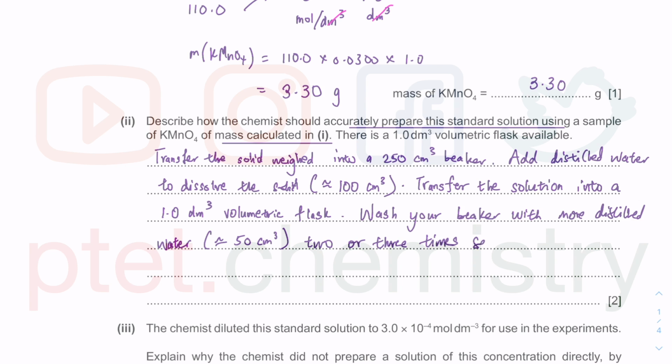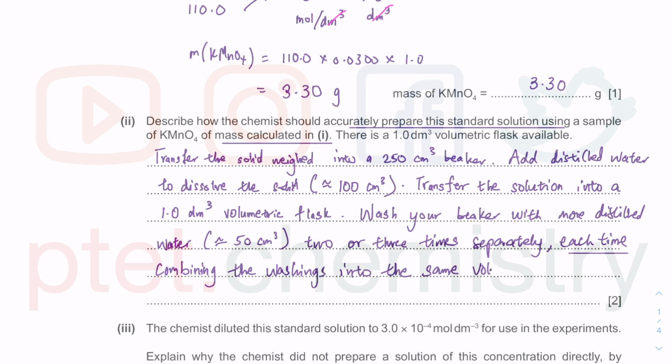So you want to wash them not all in one go, but separately. Each time you wash, you combine the washings into the same volumetric flask.